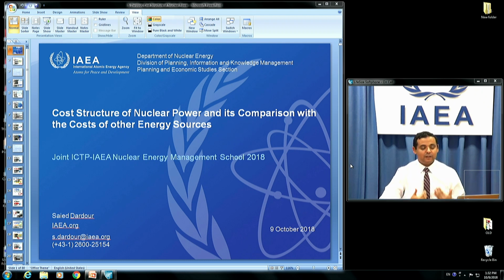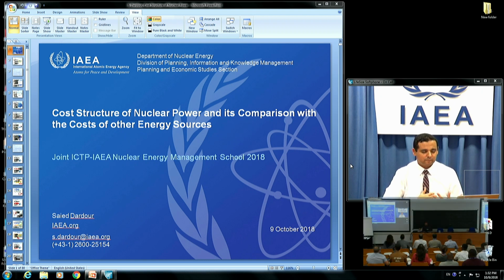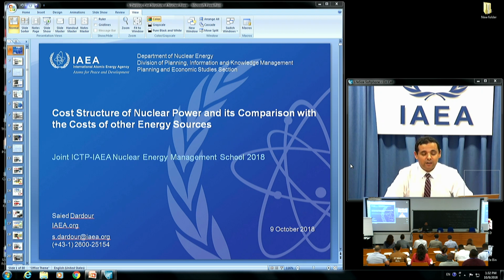So the objective of this lecture is to get some insight on nuclear power costs and how these costs compare to costs attached to other forms of electricity generation. So we will be talking about costs in monetary terms, dollars and euros, etc., but also hidden costs, what we call externalities, social costs, which could be negative when we talk about greenhouse gas emissions and pollution, for instance.